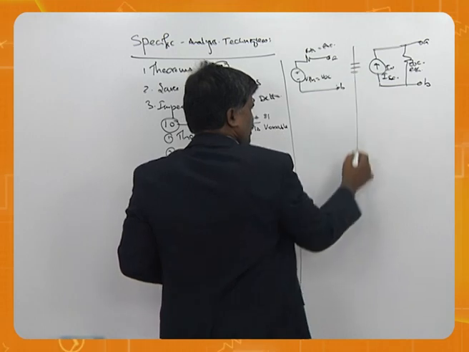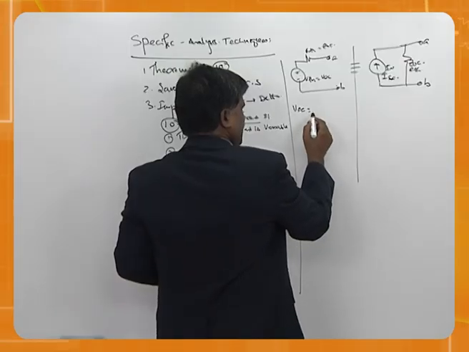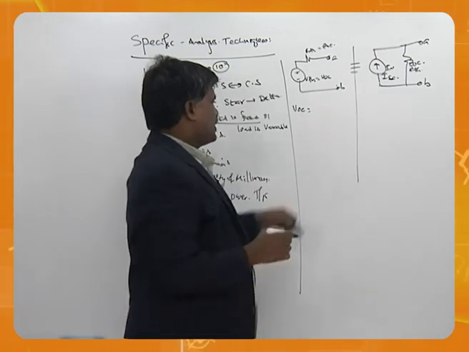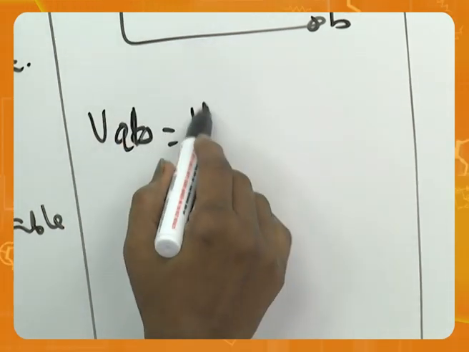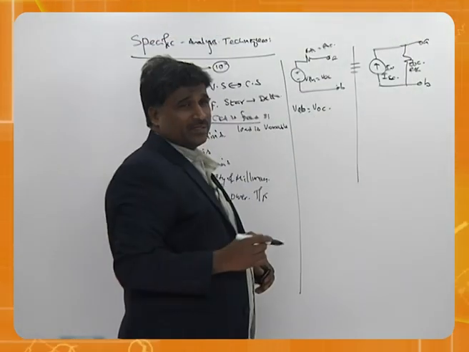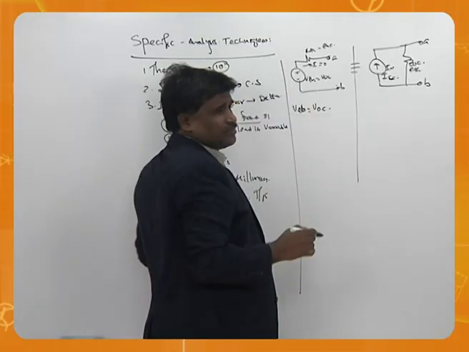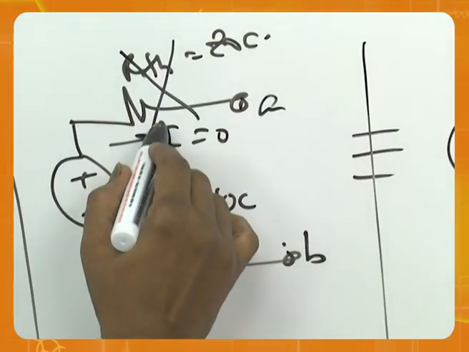And if you want to compare what is VOC from here, that is simply the voltage across AB, which is simply VOC. Why? Because the current in this branch is 0. When the current is 0, this becomes neglected.